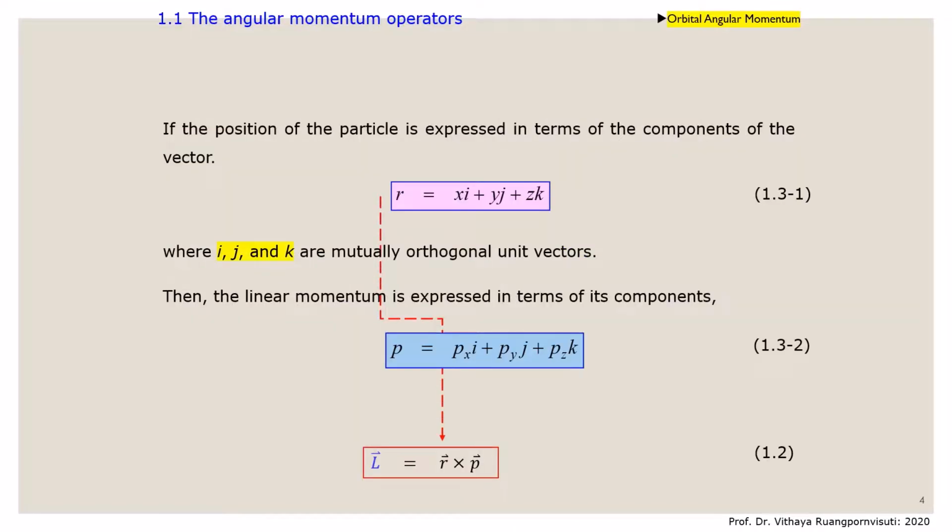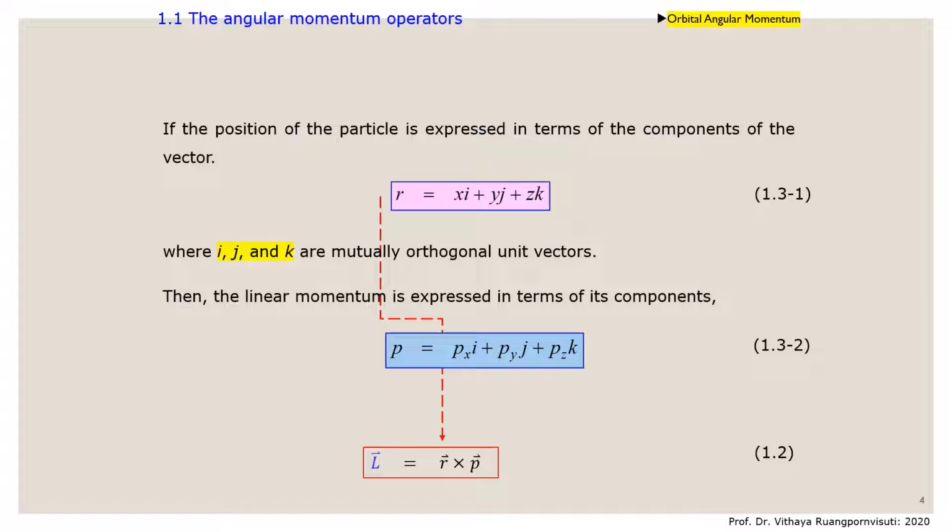If the position of the particle is expressed in terms of the components of the vector, r can be written as xi plus yj plus zk, where i, j, and k are orthogonal unit vectors.